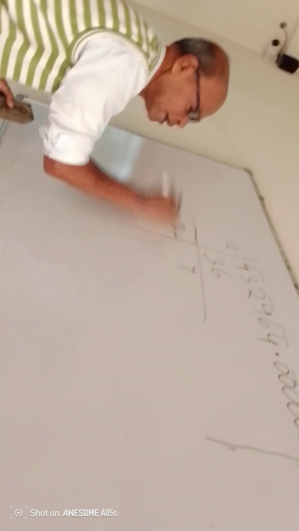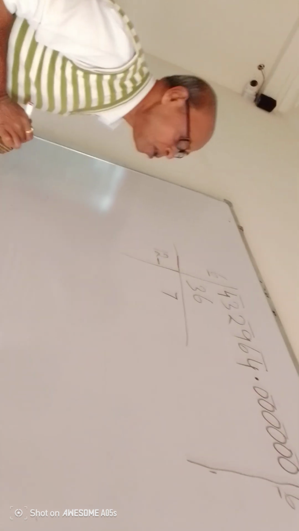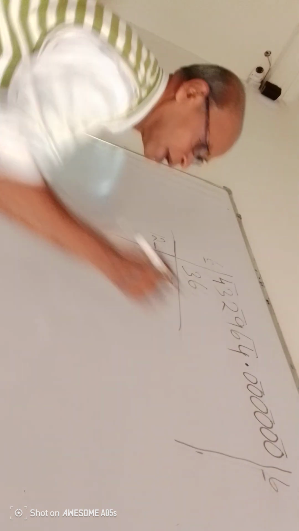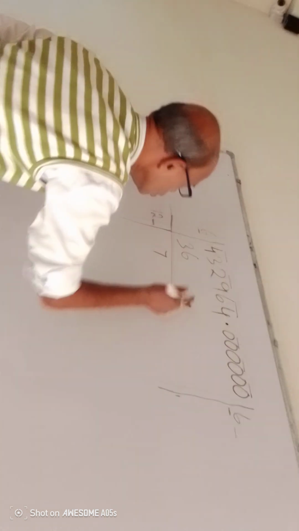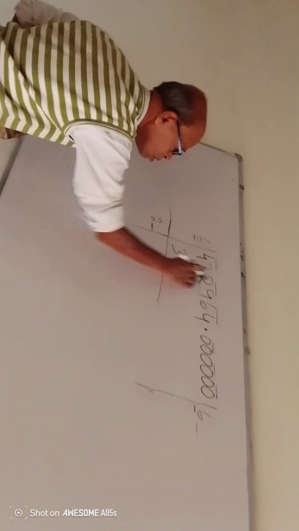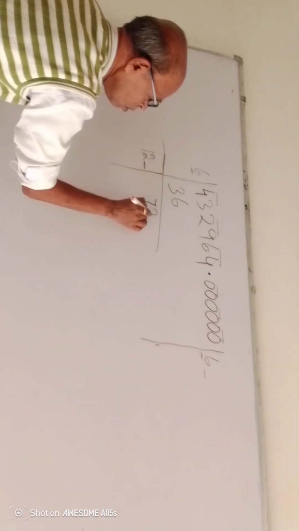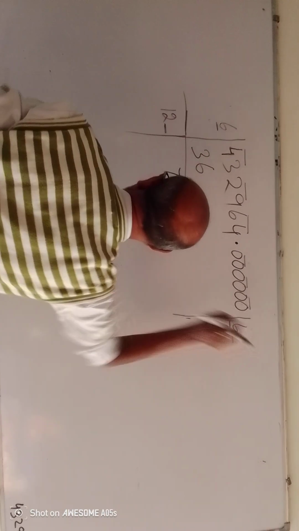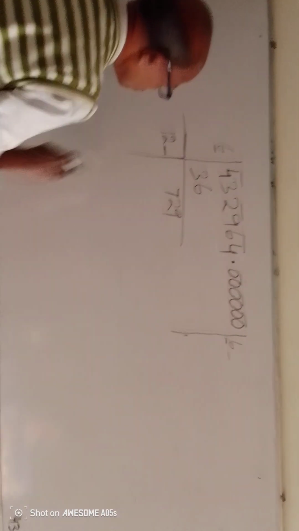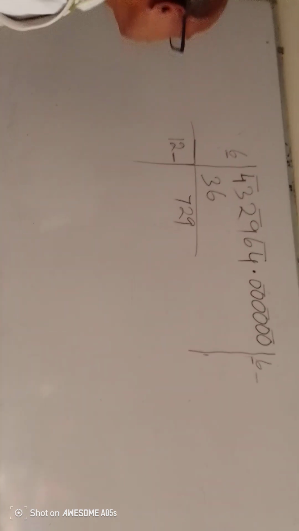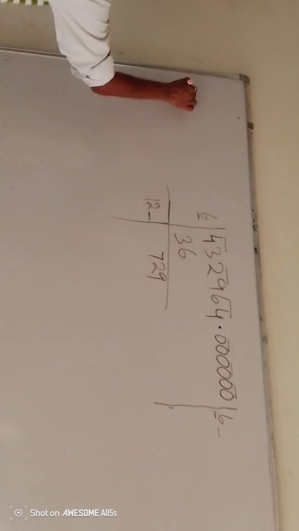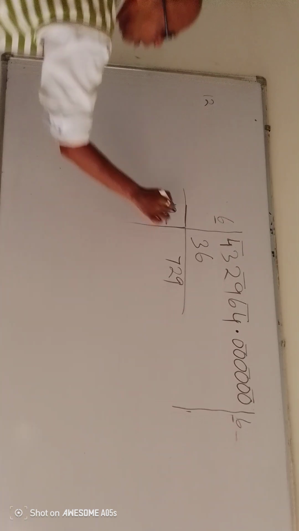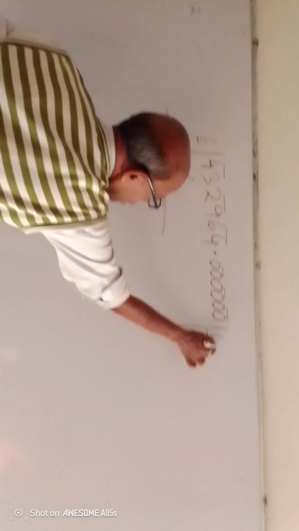Because here I have to write a digit again. Now you bring down this 29. Now I have to see what number I will put here. Actually this is a hit and trial process. If I put here 1, then I have to put 1 here too.